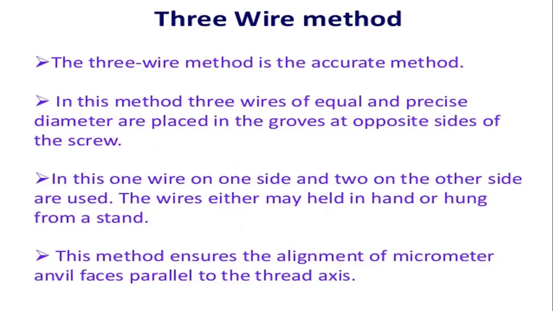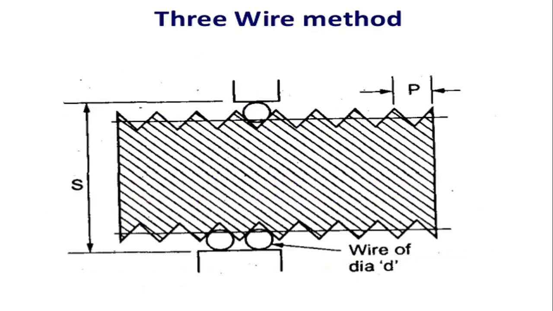Next, we are going to see the three-wire method, which has already been explained. In this, one wire is kept in the top layer and two wires in the bottom threads. The wire diameter is taken as the wire of the thread.